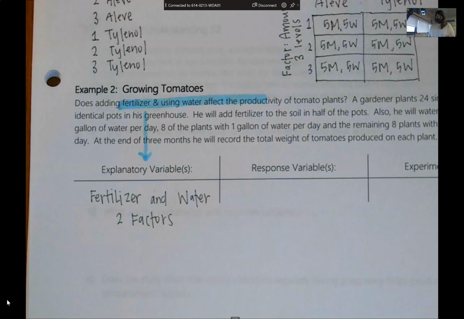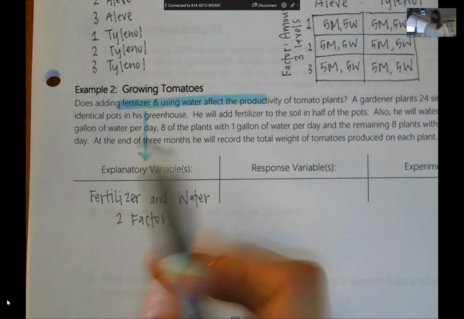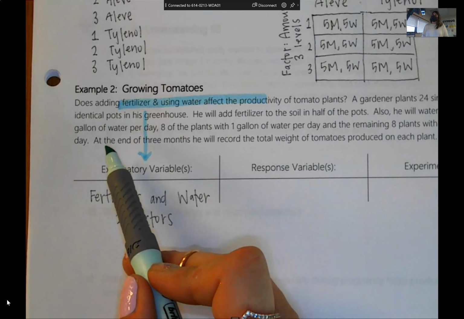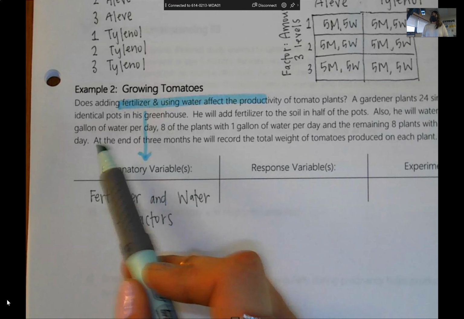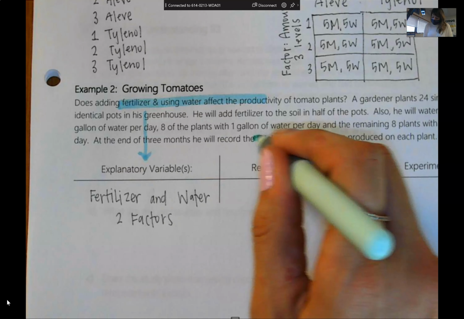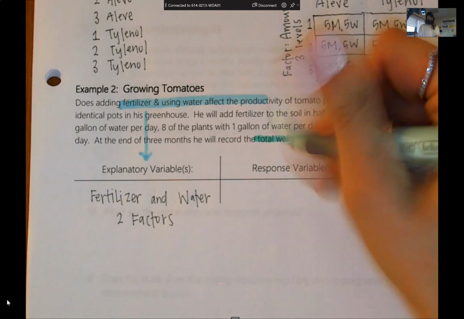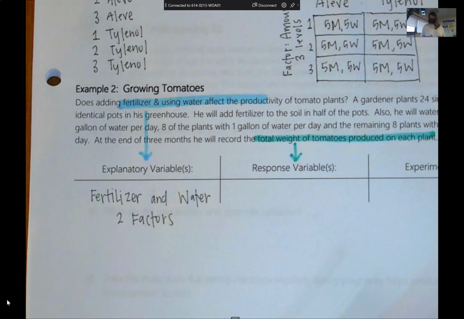Our response variable is given to us at the very end of the prompt. So it says, at the end of 3 months, he will record the total weight of the tomatoes produced on each plant.